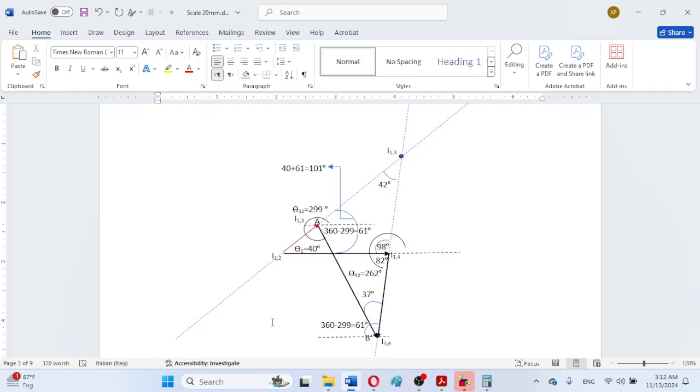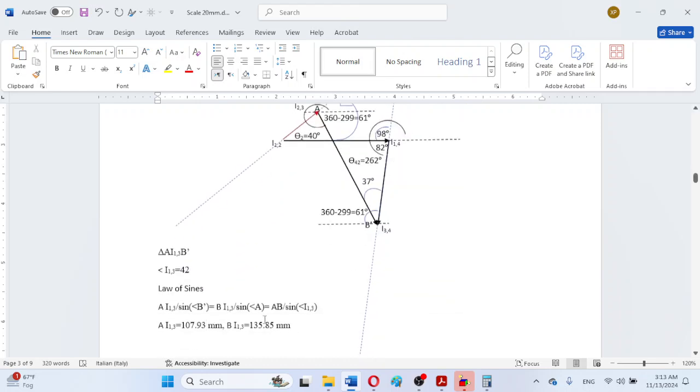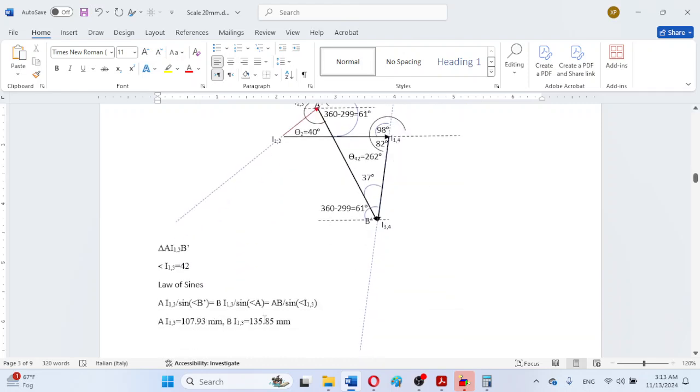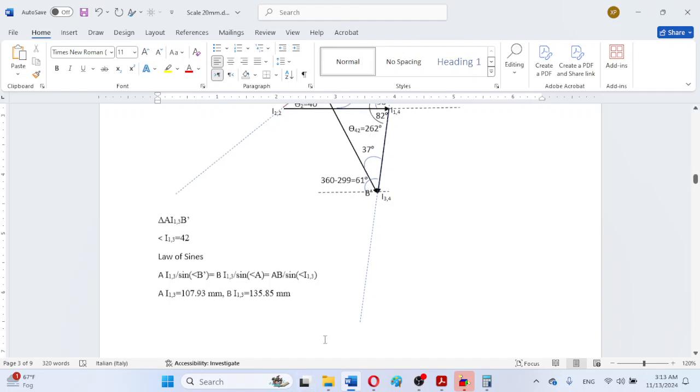Sorry, once again, we are calculating this B dash I13. That 120 will be multiplied by the sine of the angle at A, which is 101 sine, so that is 117, and that will be divided by sine of 42 degrees, that is 176.042.